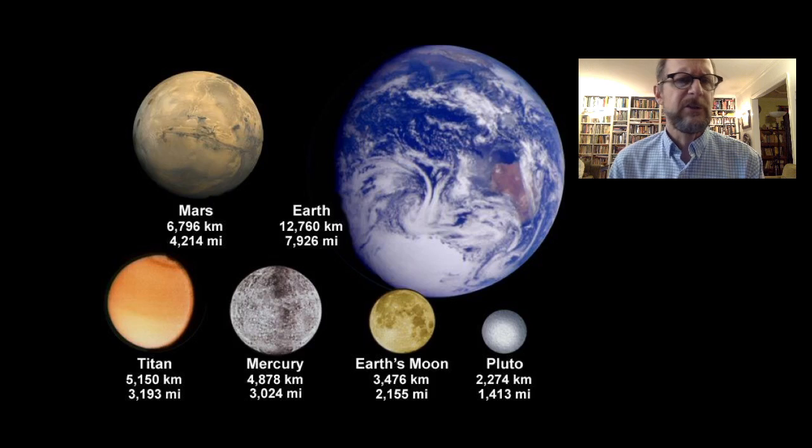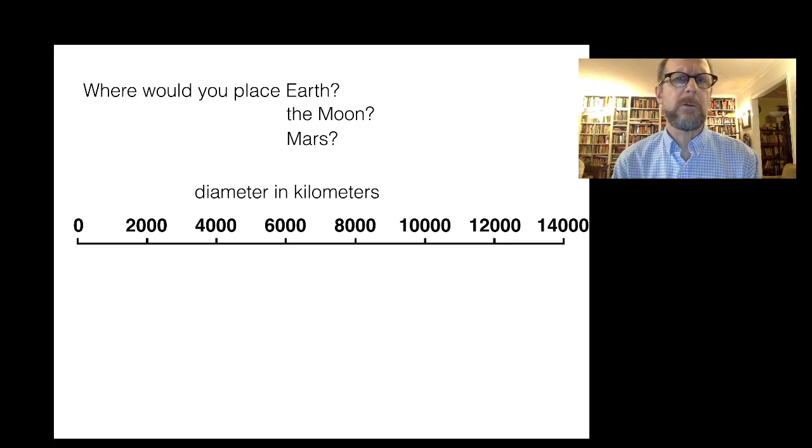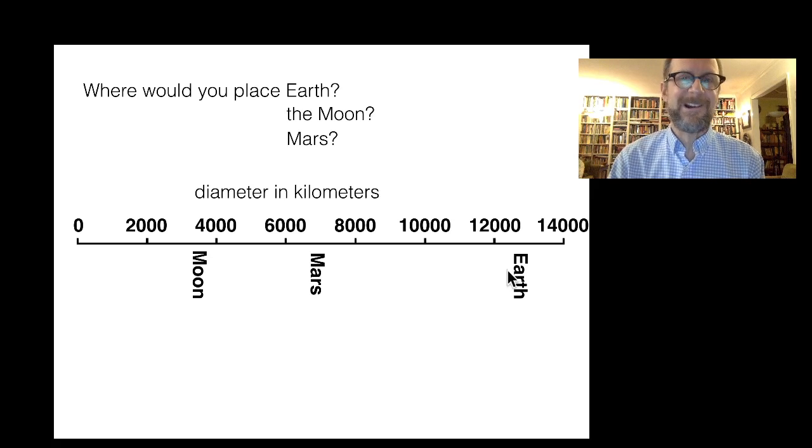Mars, just shy of 7,000 kilometers, and the Earth's moon about 3,500 kilometers. So if we go back to our number line, our linear scale, that would place the Earth about here. That would place the moon about here, and then Mars is in between.